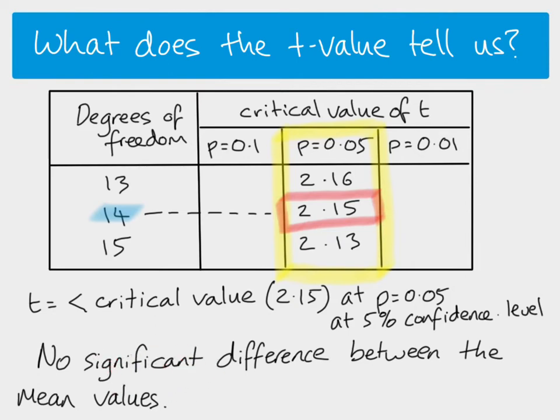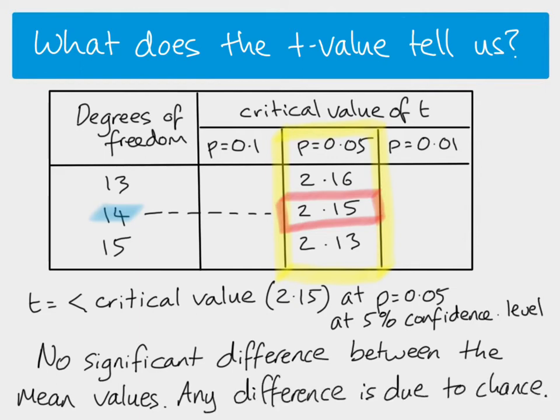So do we think that the difference is being caused by something biological? In this case, if t is less than the critical value, then no, we don't think there's any significant difference. There's no reason for the difference, and so any difference between the means is just due to chance, just due to the random variation between individuals.